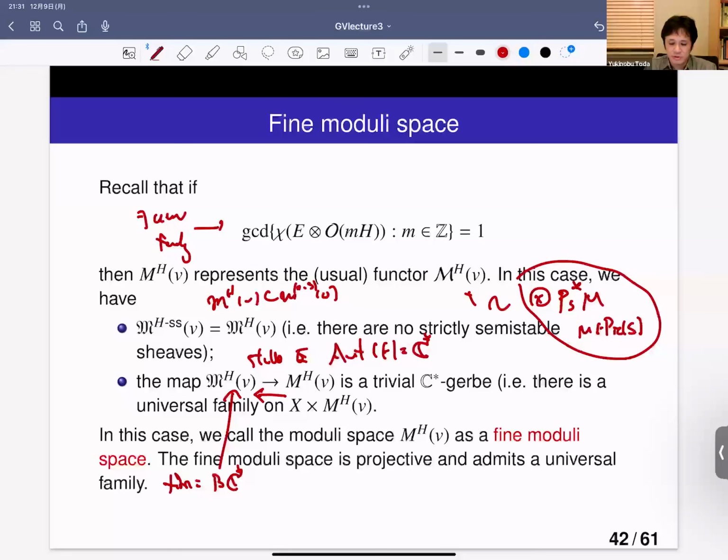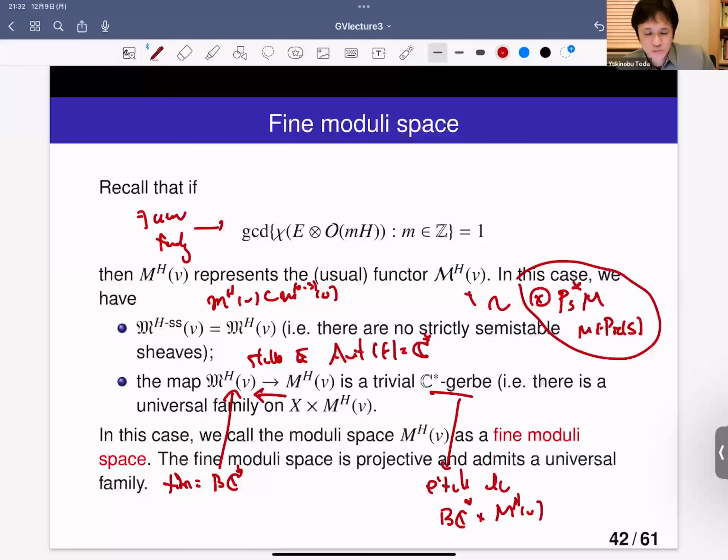So gerbe means that this is étale locally isomorphic to the product with BC star mapping to M. In general this is only étale locally, but the existence of the universal sheaf implies that this is globally trivial. And in general, this gerbe is classified by the Clark class.